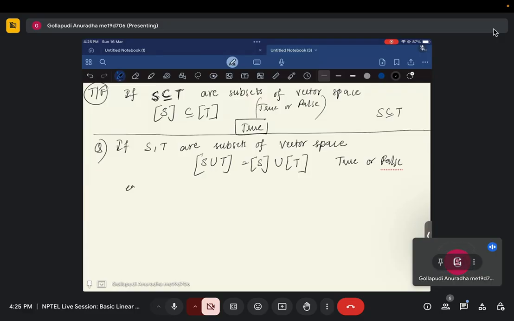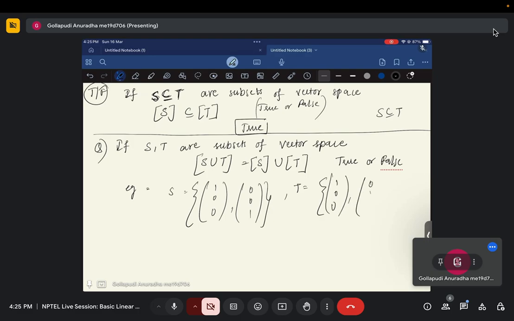For example, if you take some examples, S is having this and T is this, then S union T span will be this, but that is not there in it.